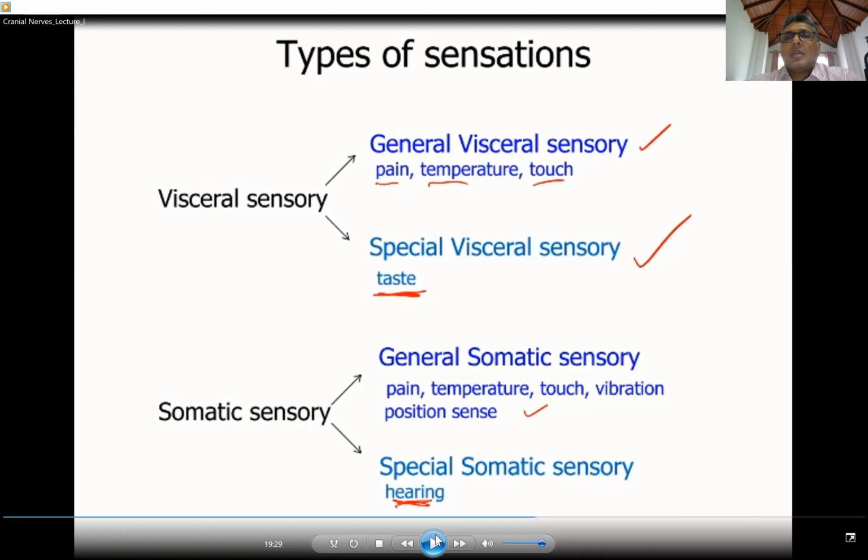So these are actually general sensations. Since we are referring to a visceral organ, an inside organ, they become general visceral sensations. The same general sensations like pain, touch, temperature are felt through the skin. Where they are felt through the skin, you call them general somatic sensations. So that's the only difference here.